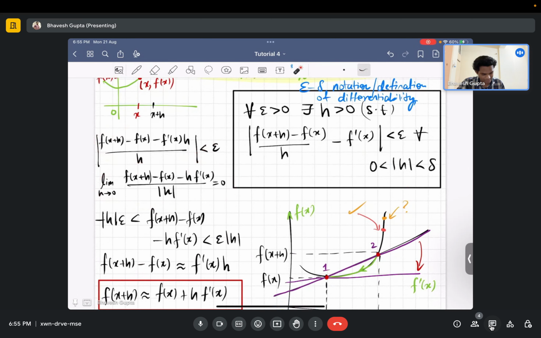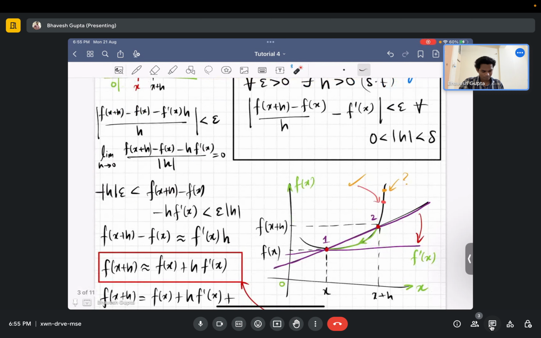And what do I see? My denominator, I want this limit to go to 0. And this basically tells you that this numerator is bounded by this.